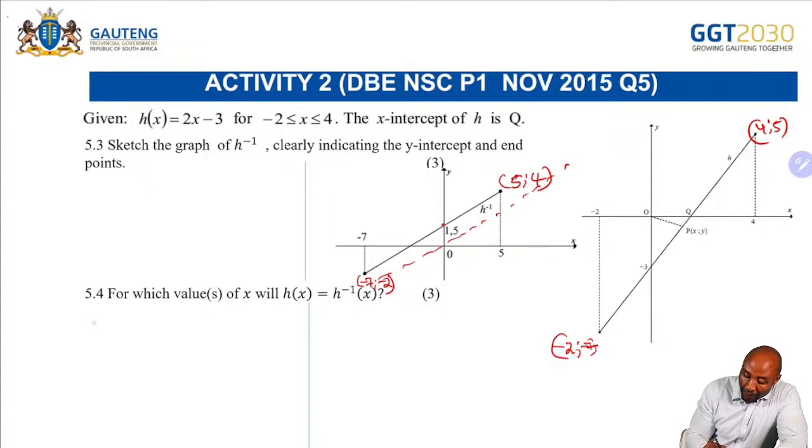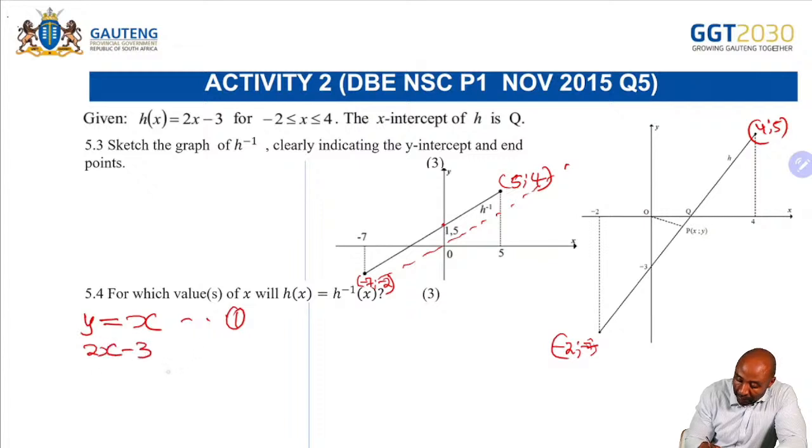Remember, we said these will intersect at y is equal to x, first equation. Second equation, y is equal to 2x minus 3. We solve these simultaneously.